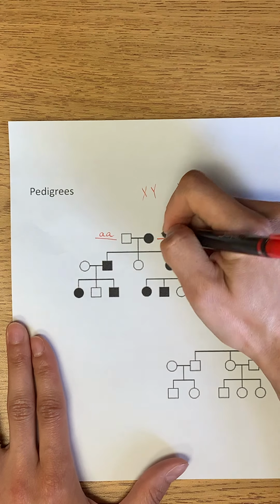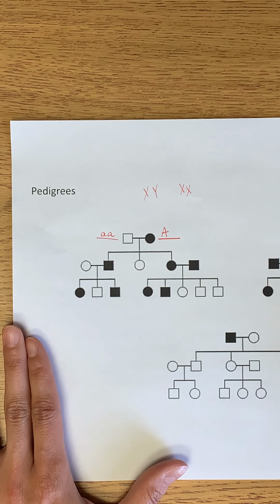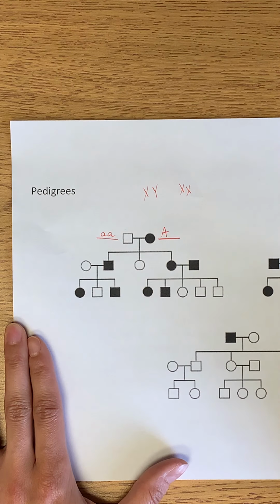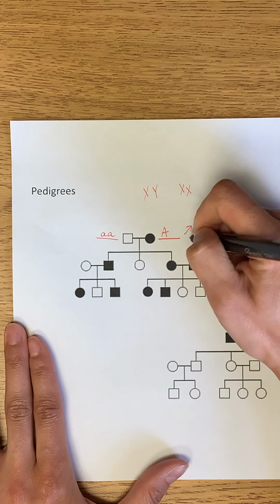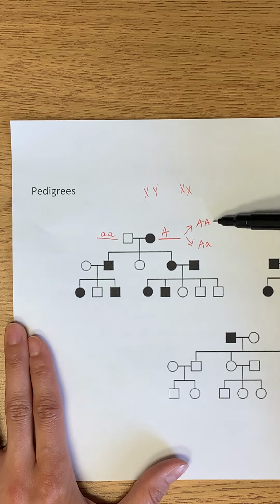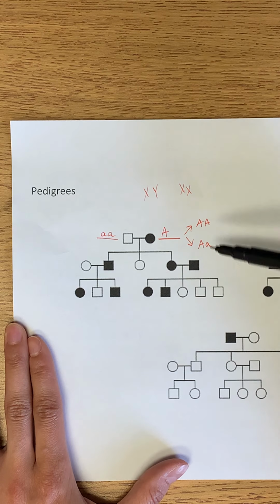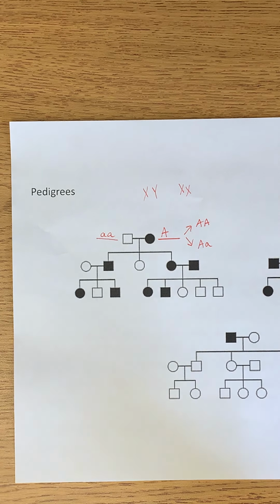We know she has at least one dominant allele, big A, because she's affected. But mom could either be big A, big A, or big A, little a. She could be homozygous dominant or heterozygous. Both of these genotypes lead to the affected phenotype. So we want to figure out what mom is in this case. That's our question.